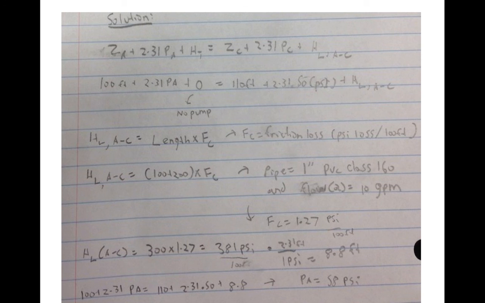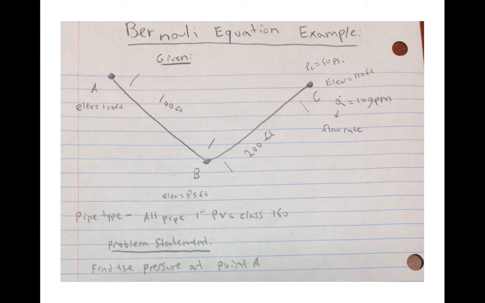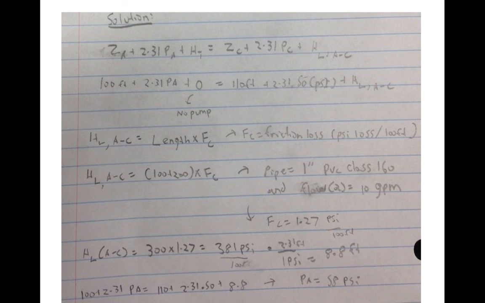Now, our friction loss is defined as length times Fc, where Fc is the friction loss constant. You can see in the past, our whole pipe length is 100 plus 200, so 300 feet. And in order to find our friction loss, we use our two given pieces of information, which were our pipe, which is 1 inch PVC class 160, and our flow, which is 10 GPM.